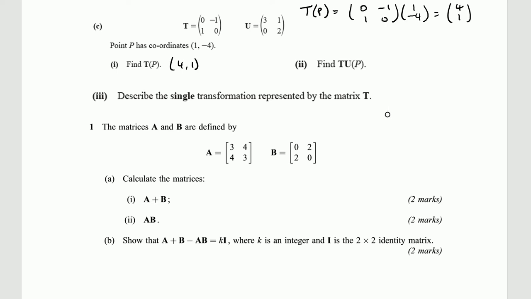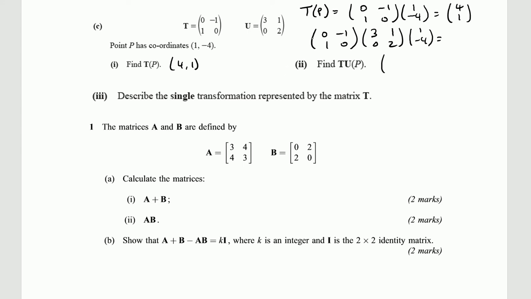TUP, well, this means, paying attention to the order that I've been given, TUP is (0, -1, 1, 0), then U, (3, 1, 0, 2), and then P, (1, -4). You could multiply the matrices together first, or the matrix and the vector, and then the matrix and the new vector. That's how I'm going to do it because it's easiest.